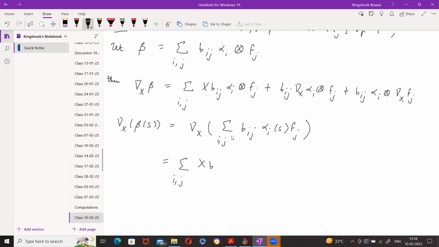So I'll get x of B_ij times alpha_i of S times F_j, plus B_ij times x of alpha_i of S times F_j, plus a term where I differentiate the F_j: B_ij alpha_i of S nabla x F_j.